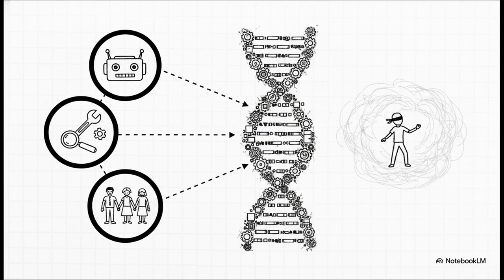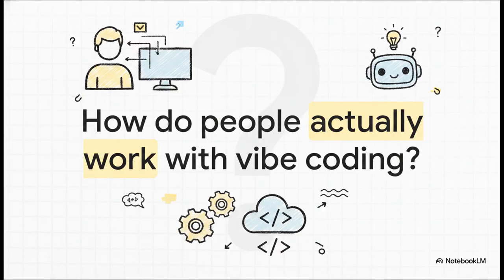Combined, these three things are fundamentally rewriting the DNA of software development. But because this whole ecosystem's evolving at just breakneck speed, the researchers warn that we are kind of flying blind right now. Which leaves us with a final, burning question from our source. How do people actually define and work with vibe coding in practice? The researchers conclude that this massive shift heavily warrants closer empirical investigation.